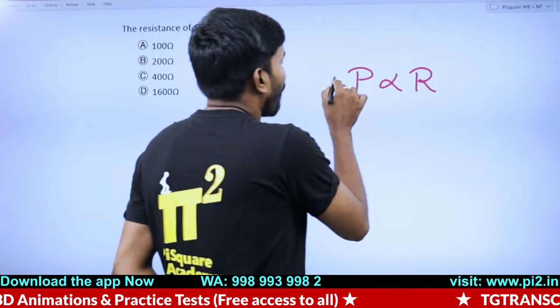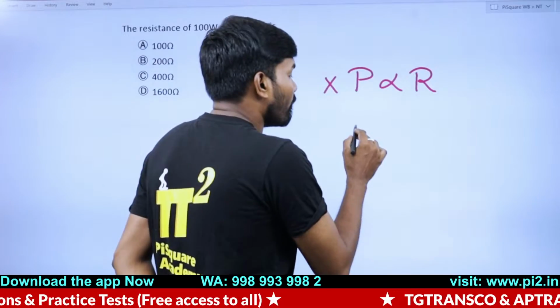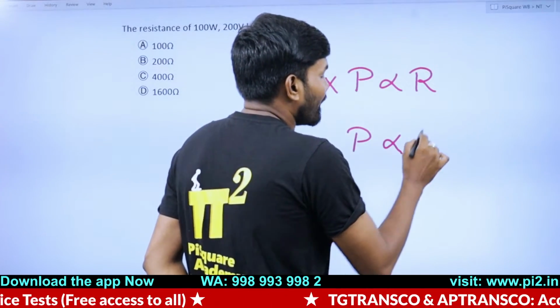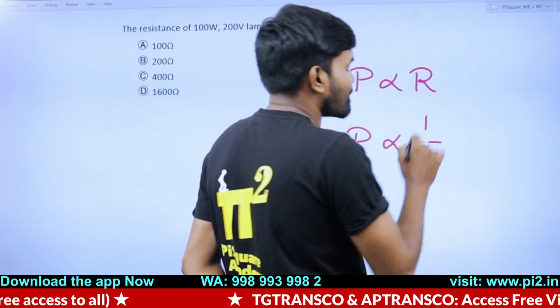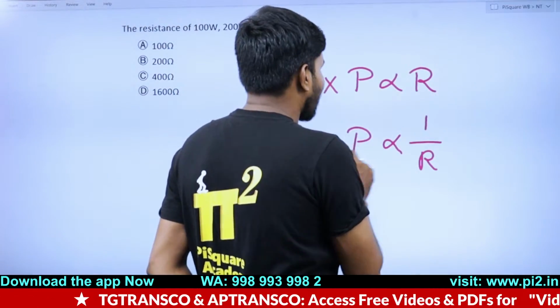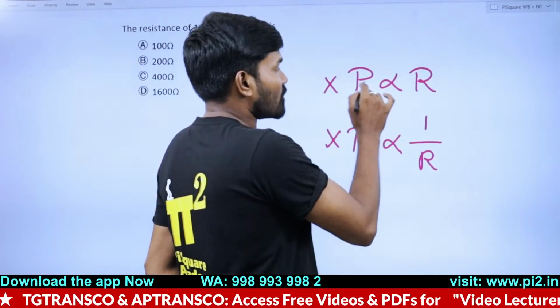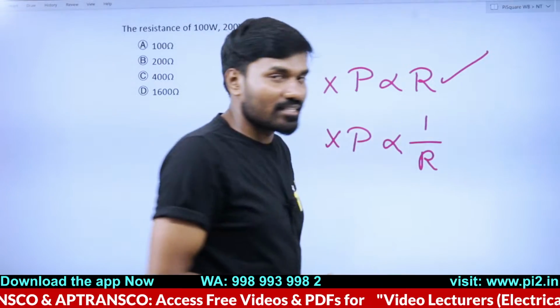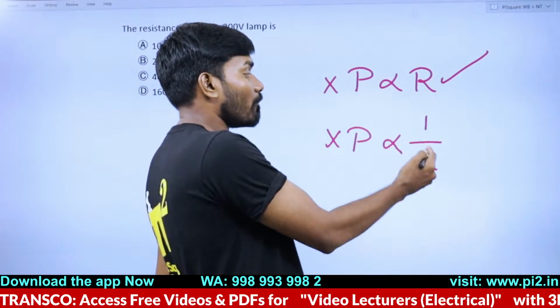It is not always true. Sometimes we'll say power is inversely proportional to resistance. Now, in which case is this true? It has both. It's not just that power is always proportional to resistance; it's also true that power is inversely proportional to resistance.